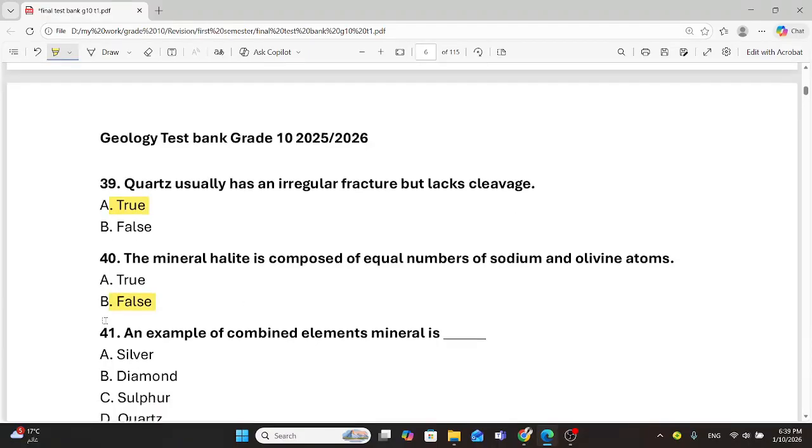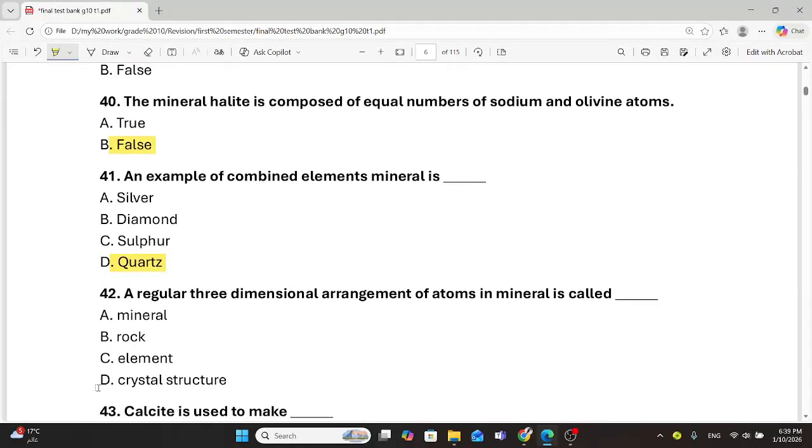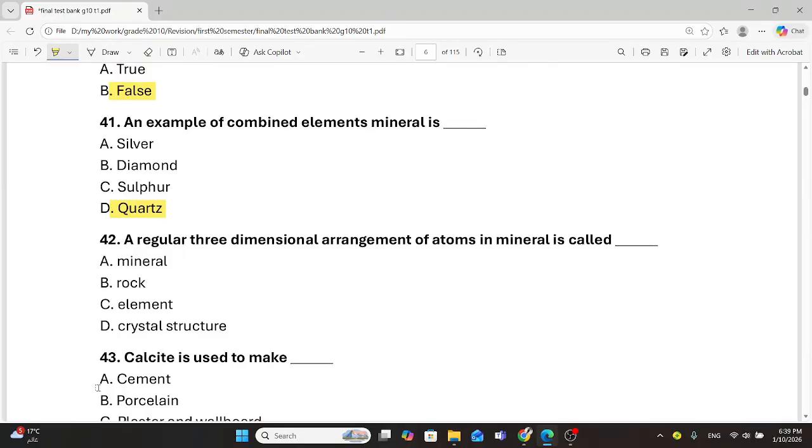False. An example of combined elements mineral is اللي هو من compound اللي هو مخلط أو معاه حاجة ماشي هيبقى quartz. A regular three-dimensional arrangement of atoms in mineral is called crystal structure.